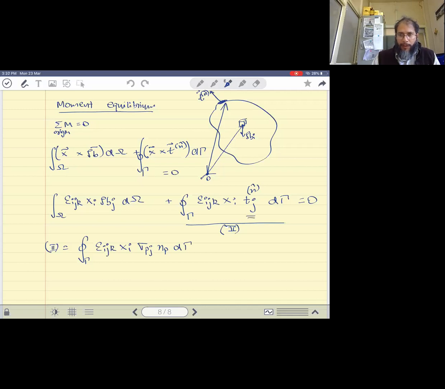So we have written our Tj at n hat. Remember, the Cauchy stress formula allowed us to write the stress vector on an arbitrary normal in terms of the Cauchy stress tensor and the normal Np. So we simply wrote Tj n hat as sigma pj Np. You can consult the definition of the Cauchy stress formula, and you can see that this is the case. Next step here is to apply the Gauss divergence theorem. So that allows us to write this in terms of the volume integral.